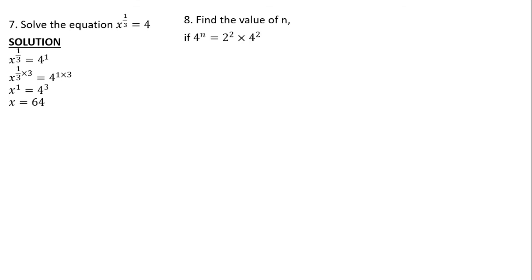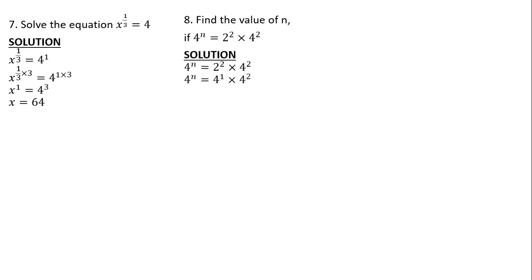Find the value of n if 4 to the power n is equal to 2 squared times 4 squared. So what we are going to do is to change that 2 squared so that it has a base 4. 2 squared is the same as 4 to the power 1.